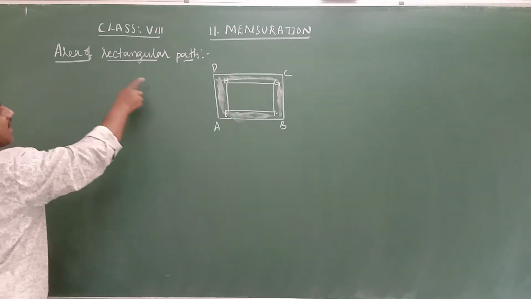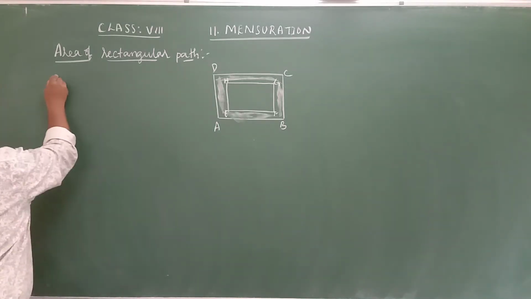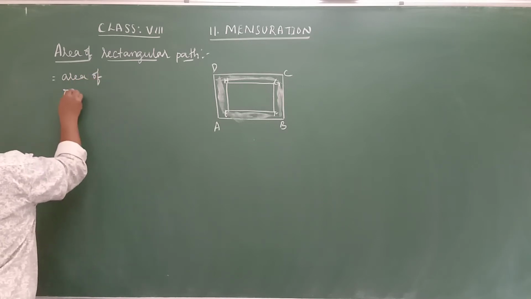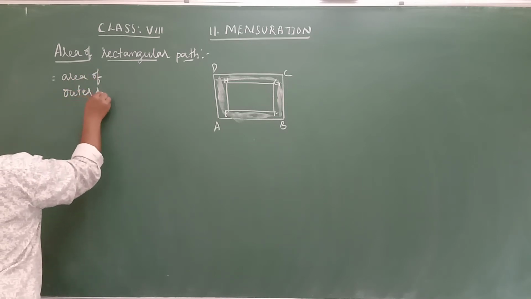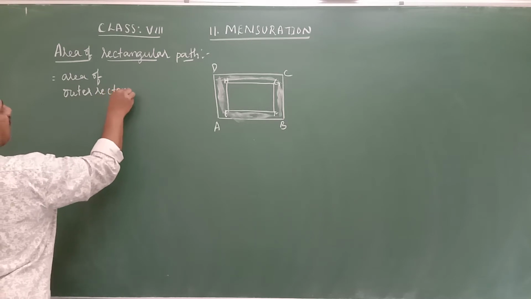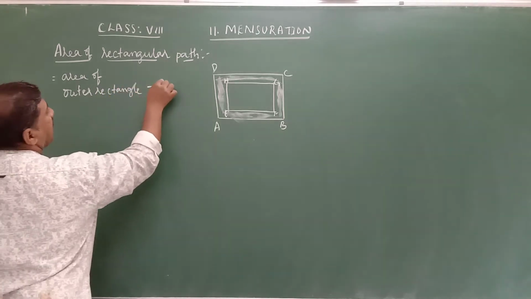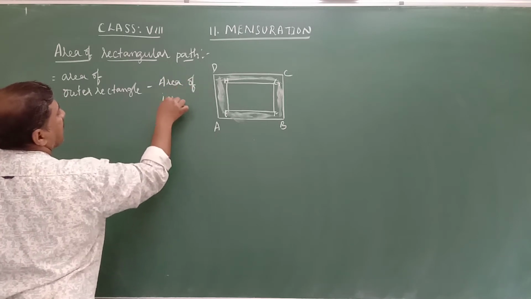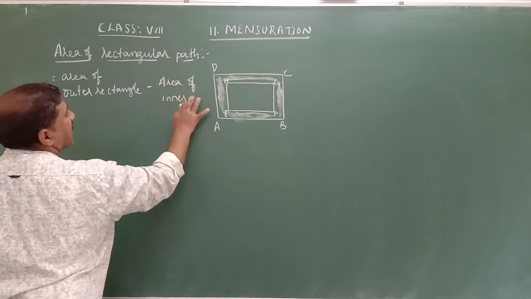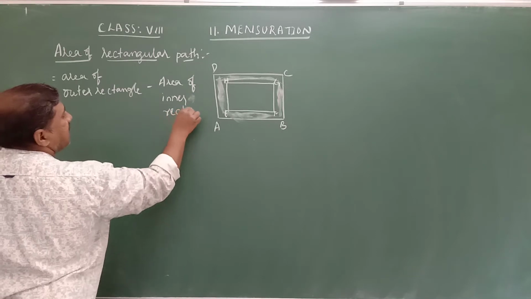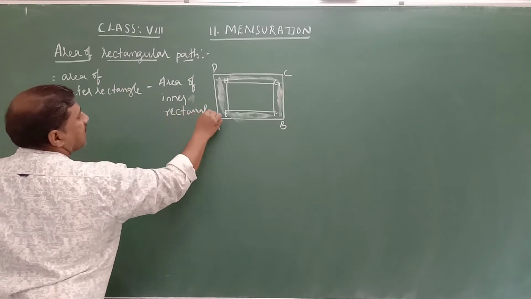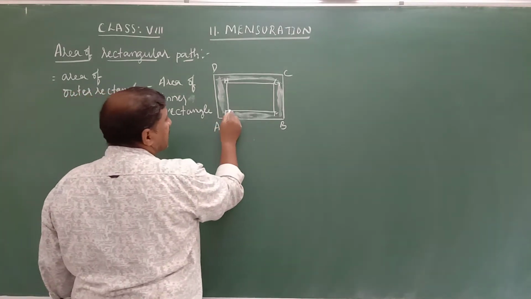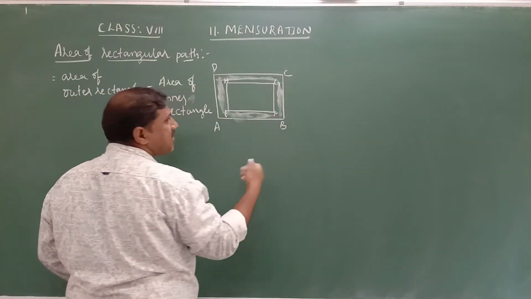Now the area of the rectangular path is equal to the area of the outer rectangle minus the area of the inner rectangle. Sometimes we may get the measurements or we may not.